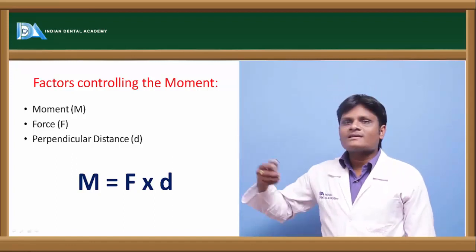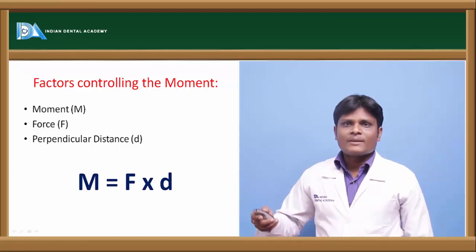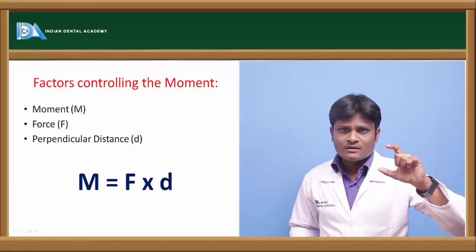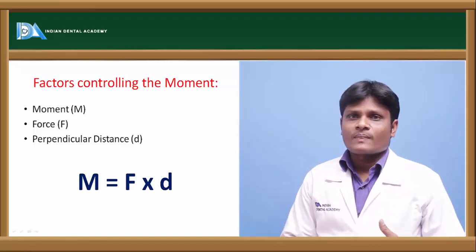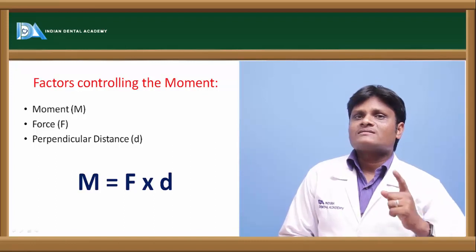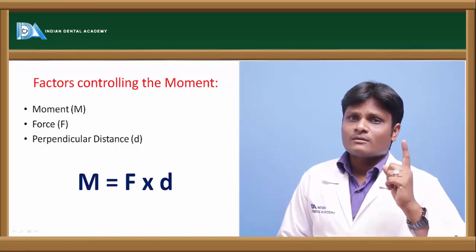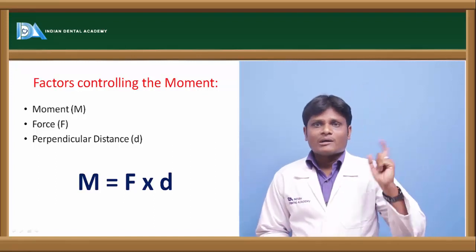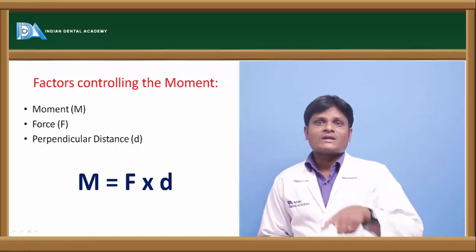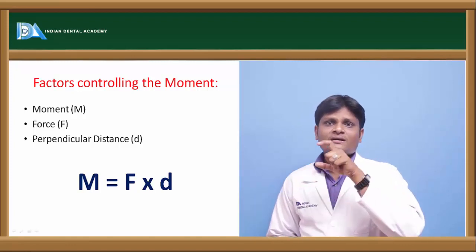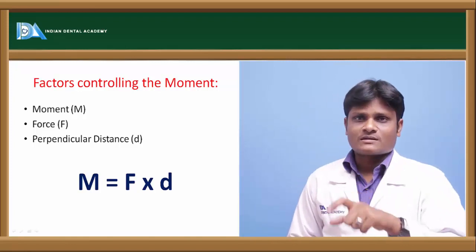So as we increase the force, keeping the point of force application constant from the center of resistance, the moment will increase. That means moment of force is directly proportional to the force applied provided the distance is constant, or the moment of force is directly proportional to the distance at which the force is acting provided that the force is constant.